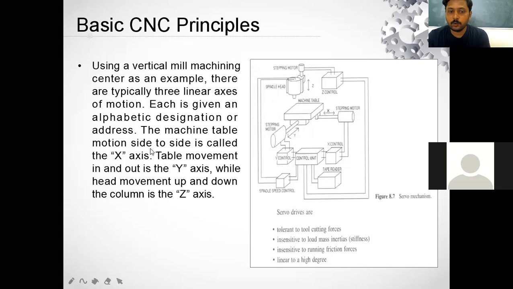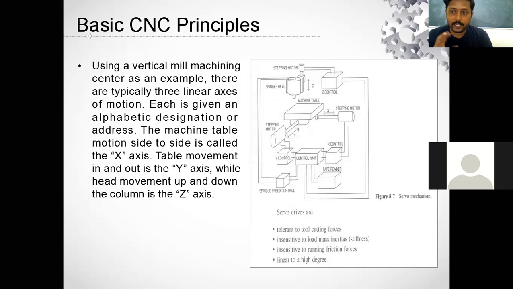The machine table motion side to side, if you are in front of that machine, could be called the x-axis. Table movement in and out is called the y-axis, while the head movement up and down is called the z-axis. So these three axes are very much of importance.